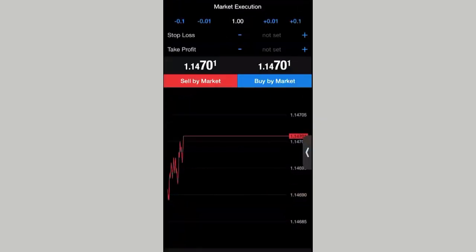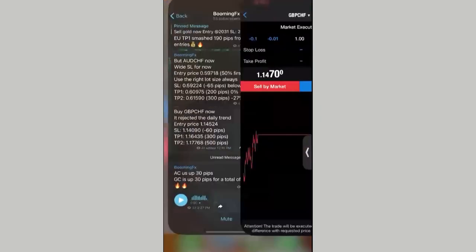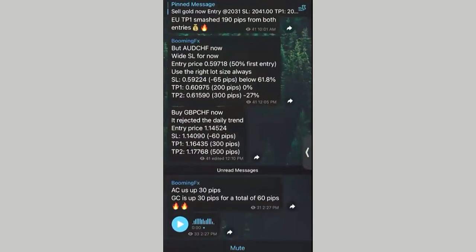So then Mino said buy, so you buy by market, not sell by market, but you buy by market, which is right here, which is highlighted in blue. Buy by market, and he gives you 2 levels, which is stop loss and take profits, right? Your stop loss and take profits are your SL and your TP.